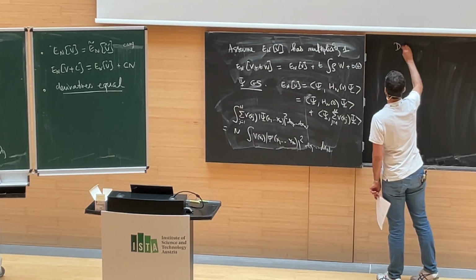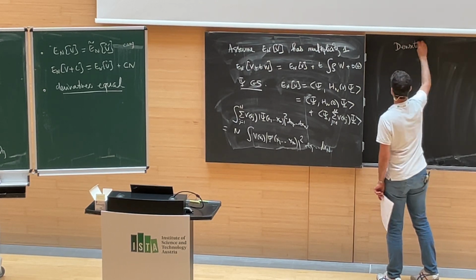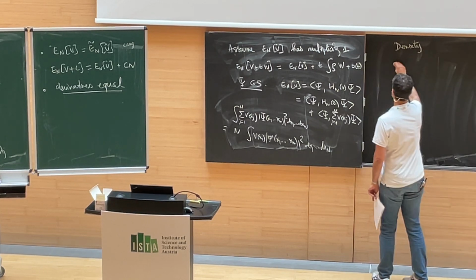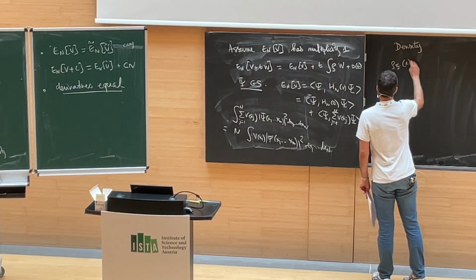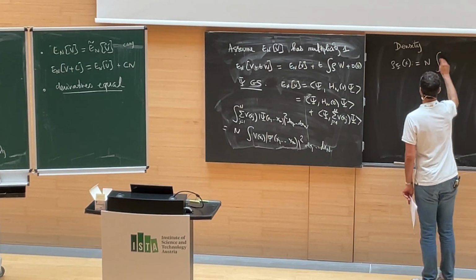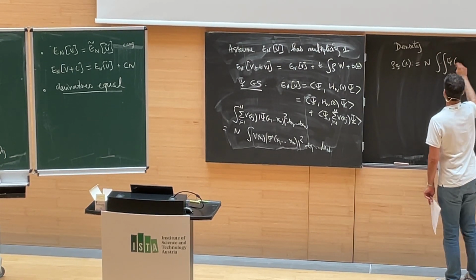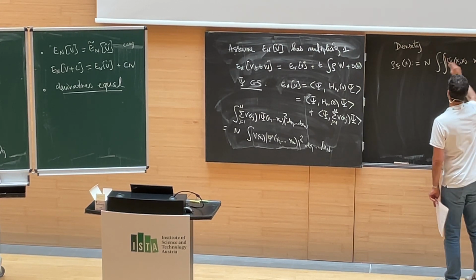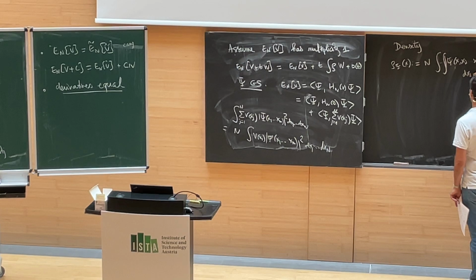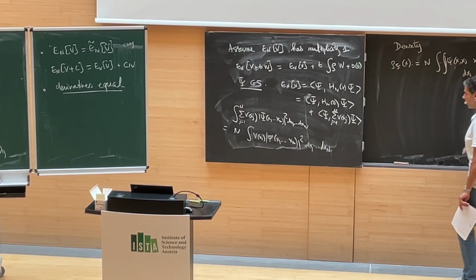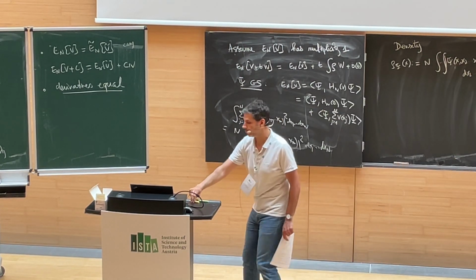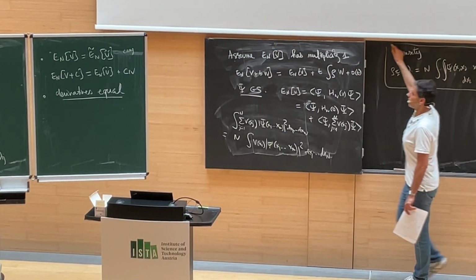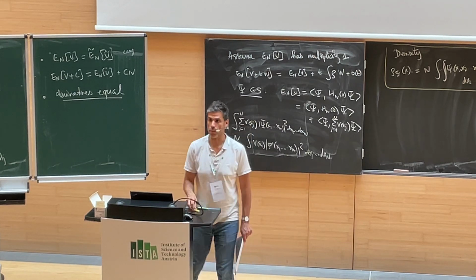And so that brings the density. Of course that's a very important object because it's density functional theory, so that's the main object of the talk. The rho of psi of x is n times the integral of psi of x, x2 to xn squared, dx2 to dxn. That's the density. The density is a kind of classical object because it tells you the local number of electrons on average, if you like.